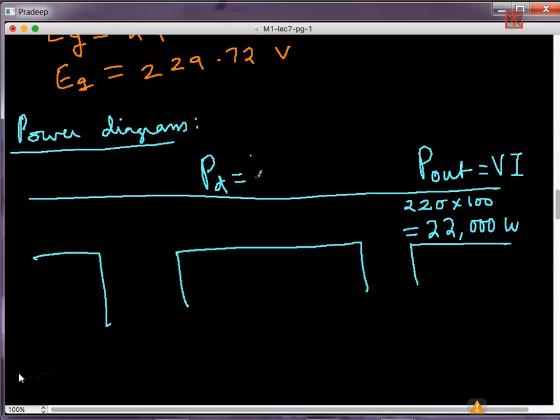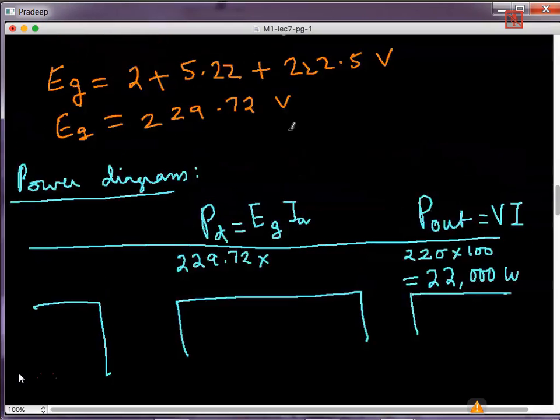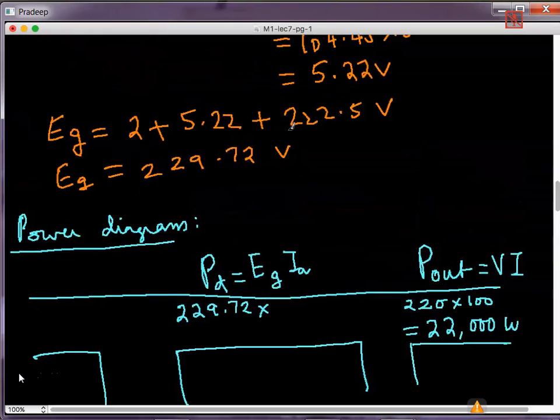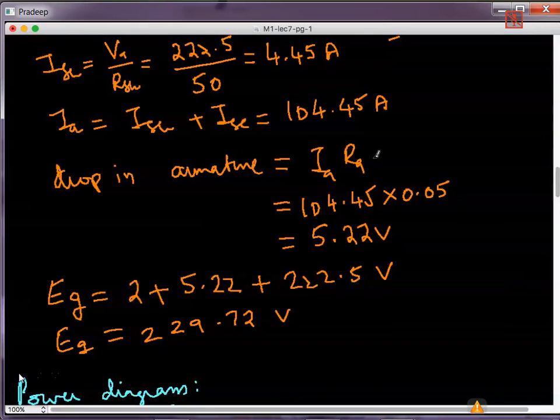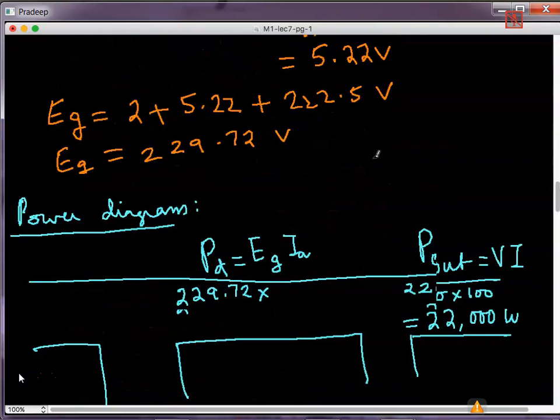So nothing but EG multiplied by IA. So power developed will be product of the EMF generated multiplied by current. So that is nothing but 222.72 multiplied by, what is IA? IA we had calculated here, 104.45.